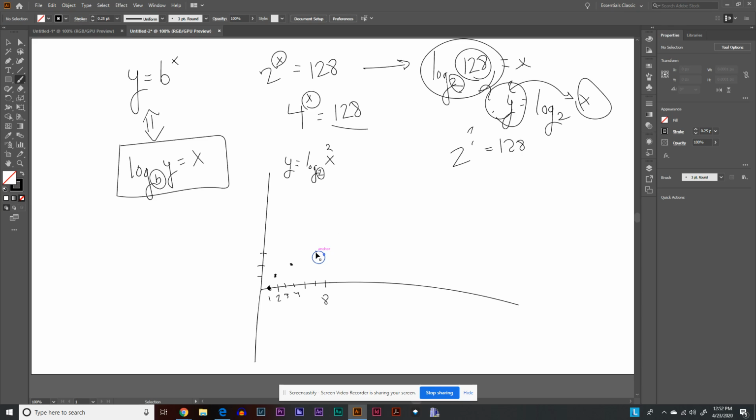So what we're doing here is essentially a normal graph, except because we have flipped everything over the y equals x axis, instead of going up by 1 on the x axis as I plug in different x values, it makes more sense to flip the script and go up by the powers of 2, right?